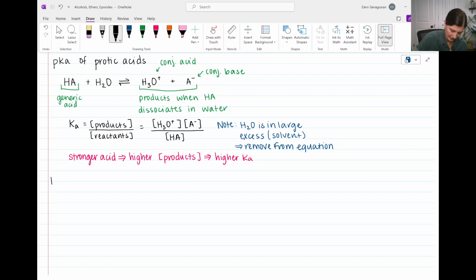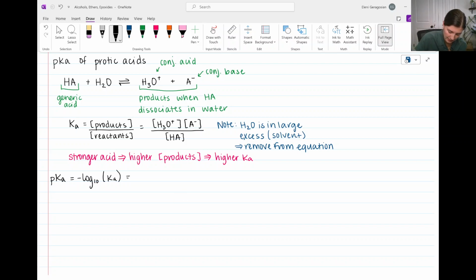Now, pKa is calculated by taking the negative log, base 10, of the Ka. Kas exist in really large and really small values, so taking the log of that value makes it more manageable to work with these numbers and a lot more straightforward to compare.